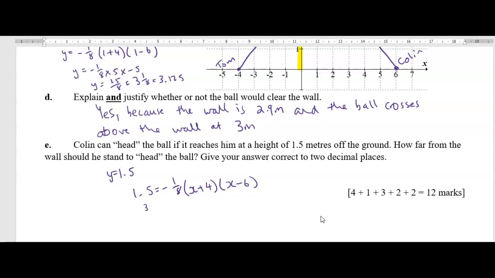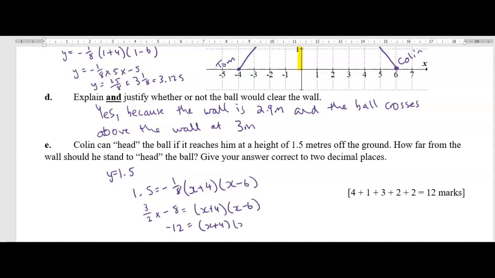So I'm going to change the 1.5, sorry, to 3 over 2. So we're going to multiply that by -8. Okay, so I'm just solving for x. So 3 over 2 times -8. So 8 divided by 2 is 4. 3 times 4 is 12. So -12.